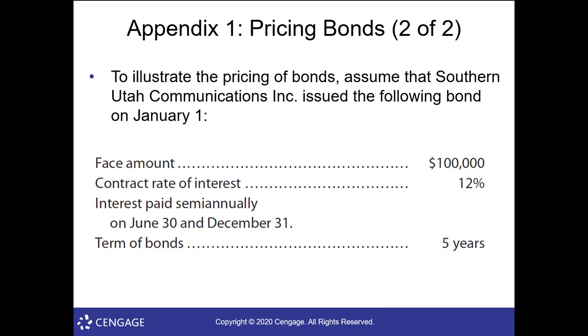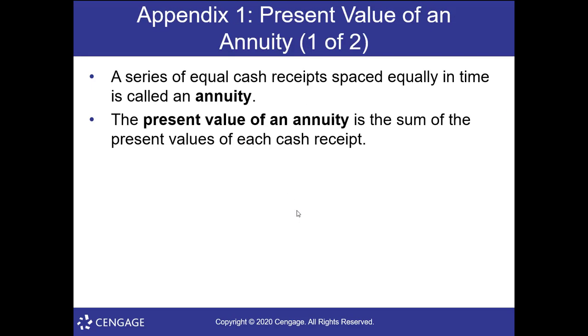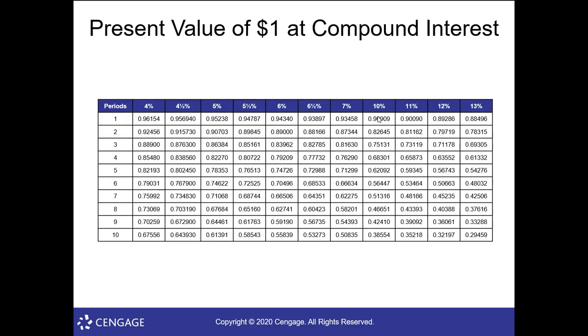So let's go back to our $100,000 bond at 12% for 5 years. If the market rate is 12%, then for the $100,000, you go to table 1, and you look down at 6% for 10 years, 0.55839.